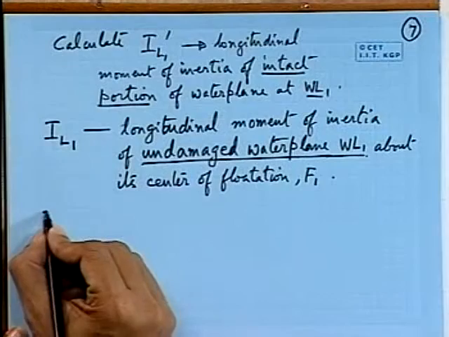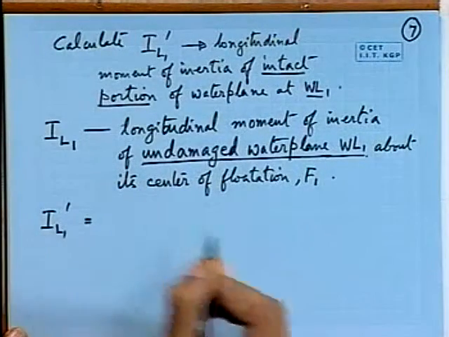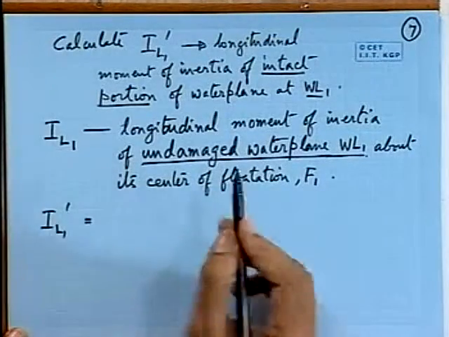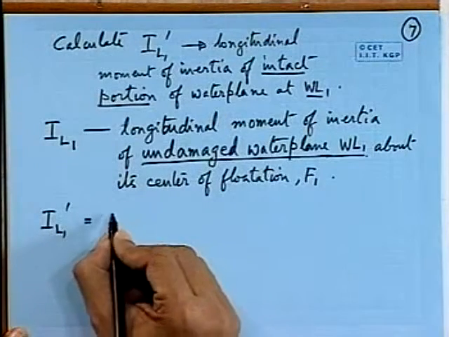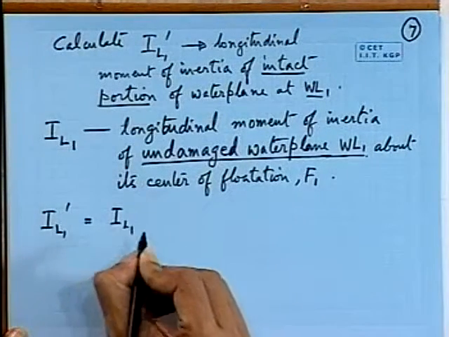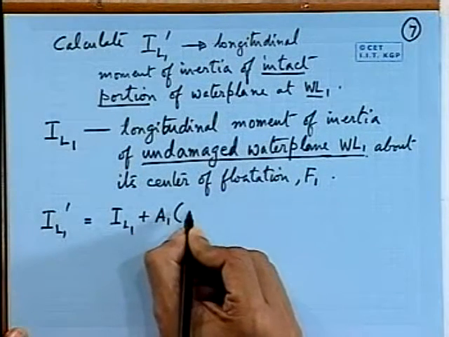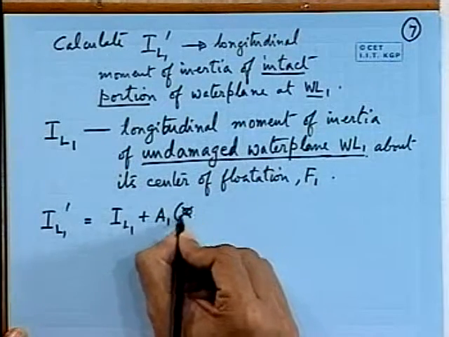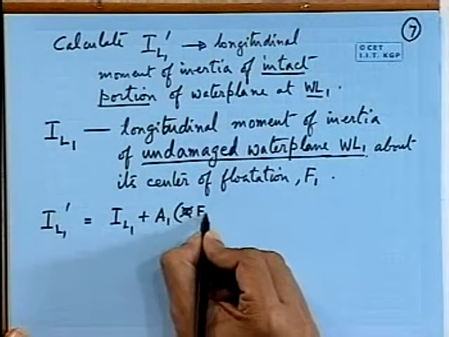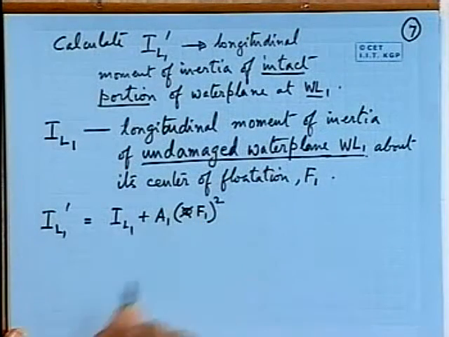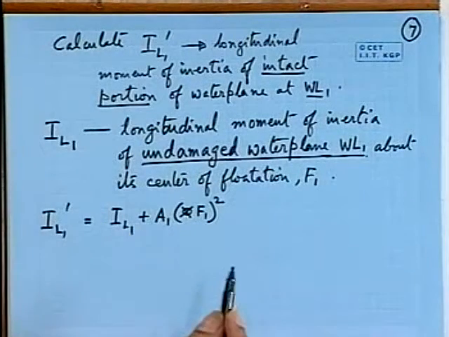So this IL1 prime, how much will it be? Now this IL1 is about your F1. If you transfer this about midship, this will be IL1 plus A1 into the midship-to-F1 distance squared. This IL1 I have transferred to midship.